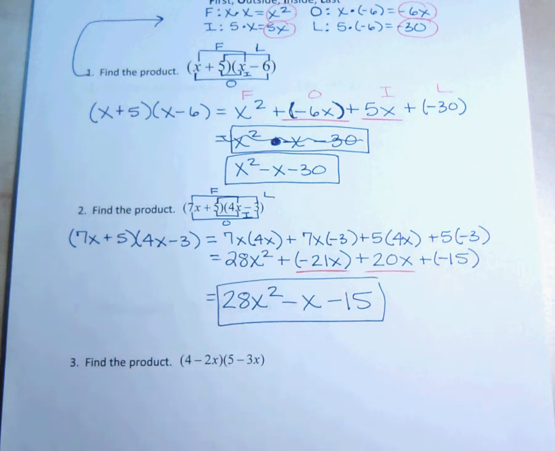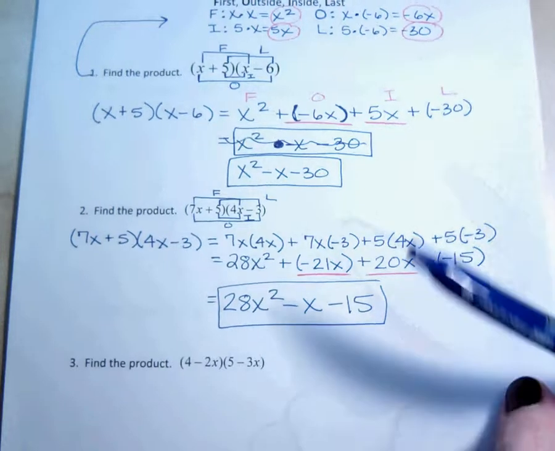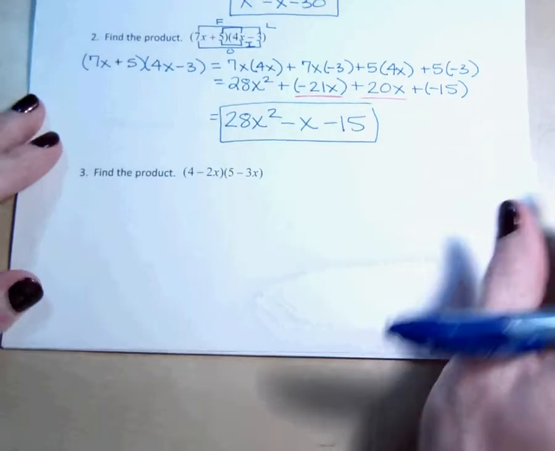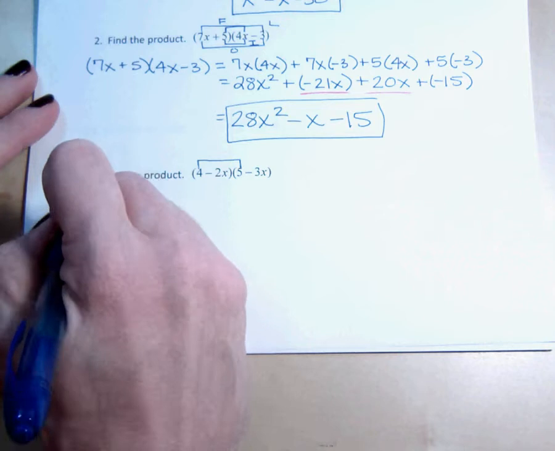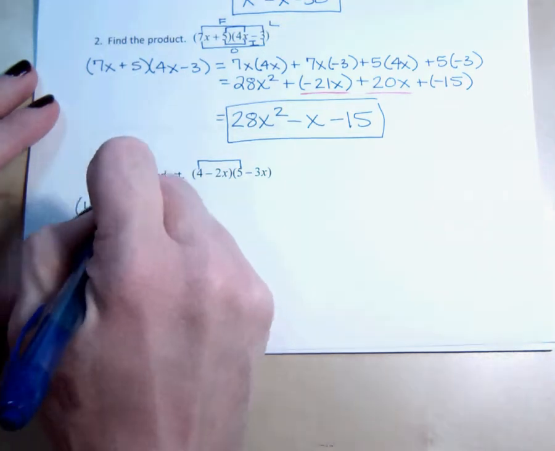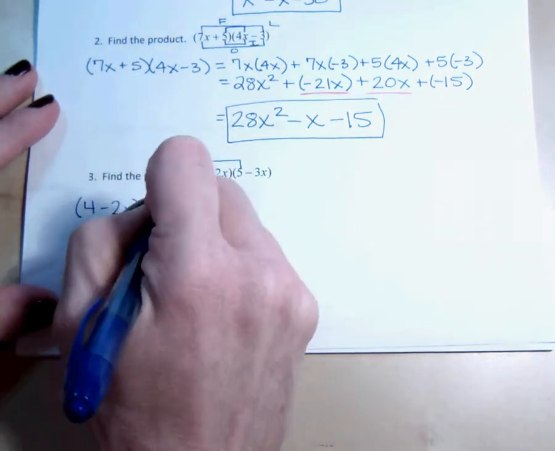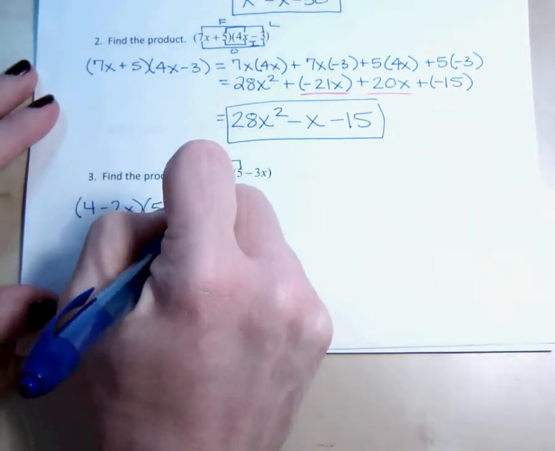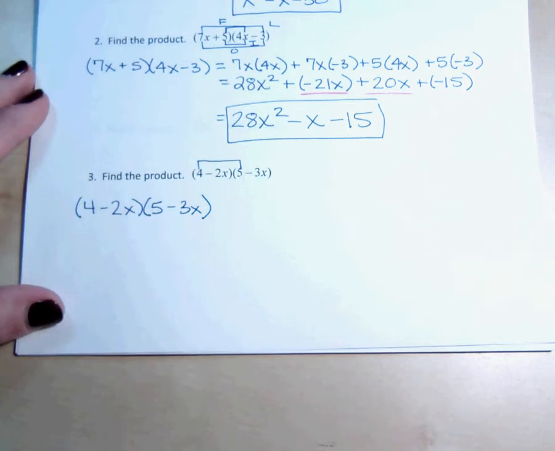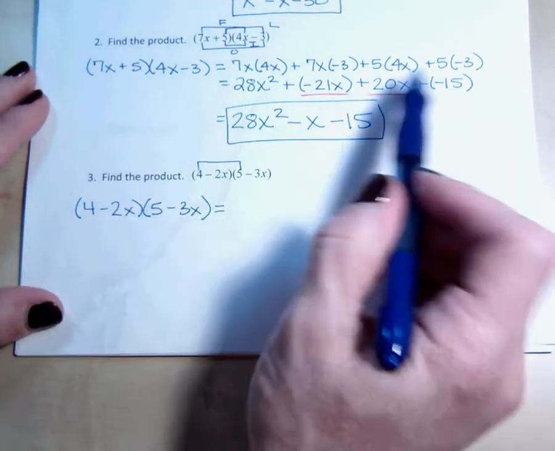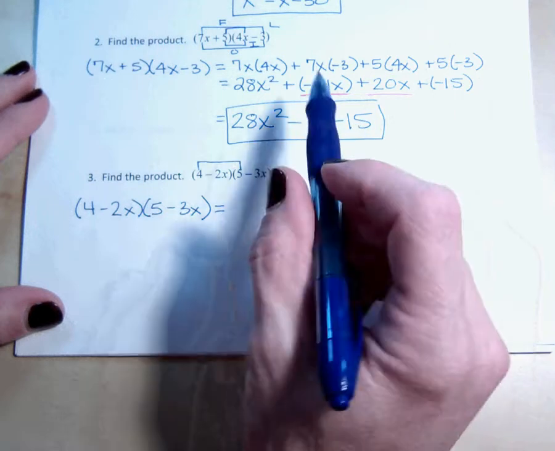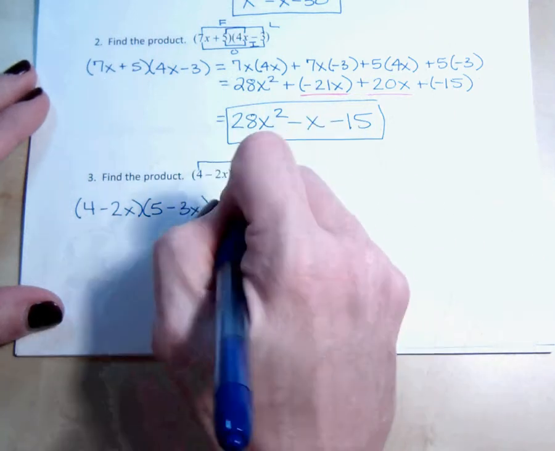Alright, let's look at number 3. So I'm going to do the first two. And let's speed it up a little bit here. So instead of writing out every single step, we'll just write out the final terms when you do FOIL. So for instance, for the F, I'm going to do 4 times 5, that's 20.